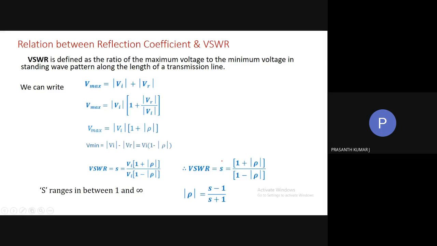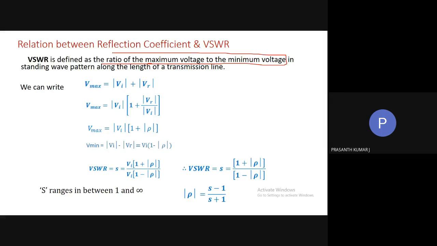So next one is VSWR. Now we have seen what is reflection coefficient. Now we are going to see VSWR. VSWR means voltage standing wave ratio. From the name itself, we can find it is the ratio of standing waves. VSWR is defined as the ratio of maximum voltage to the minimum voltage.